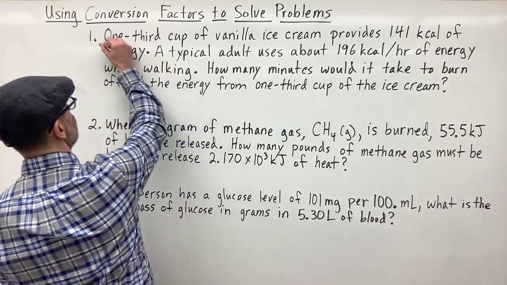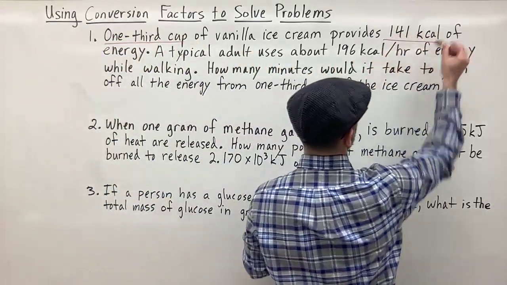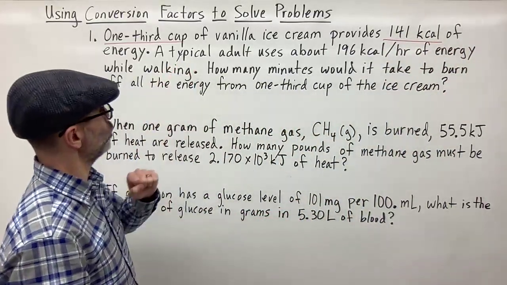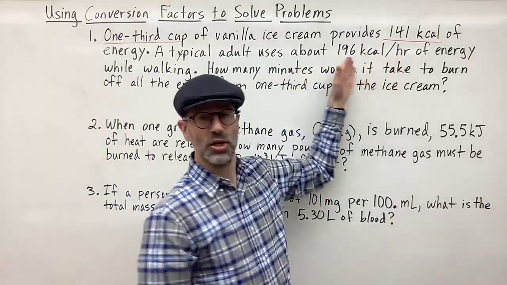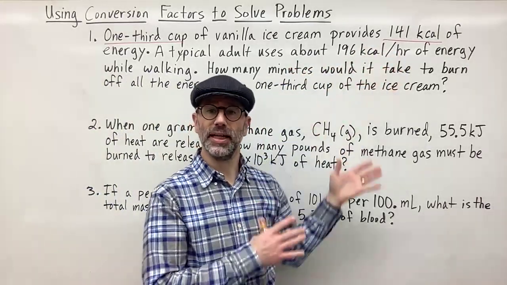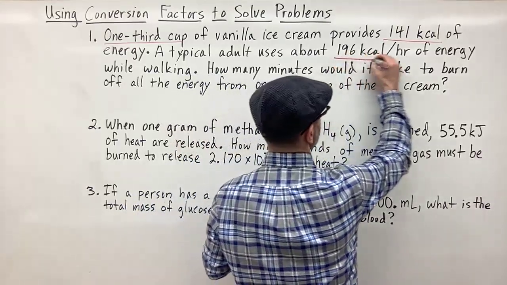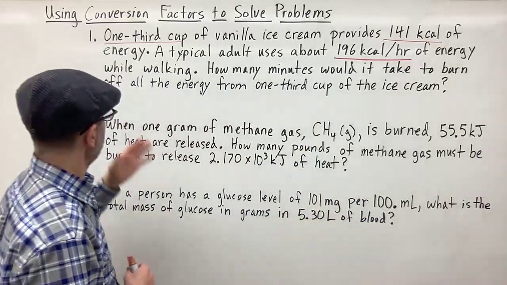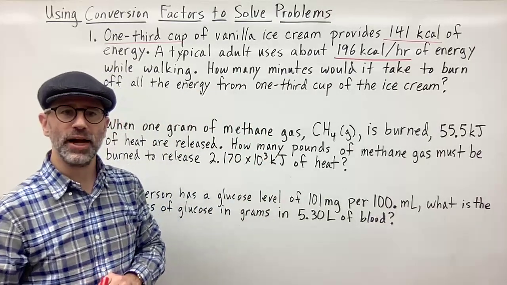And then it says a typical adult uses about 196 kilocalories per hour. So there we have a relationship of kilocalories per hour. So that's going to be a possible conversion factor that we can use. Okay, so that's about it as far as possible conversion factors.